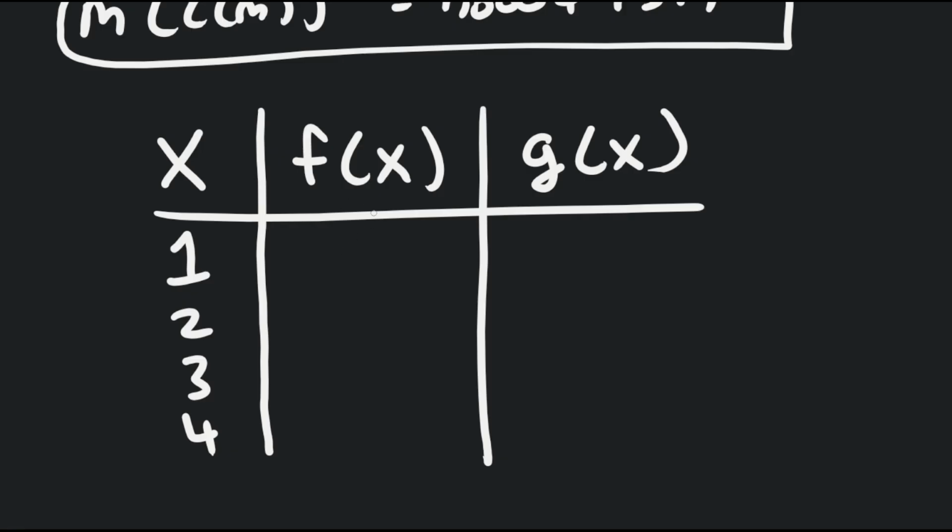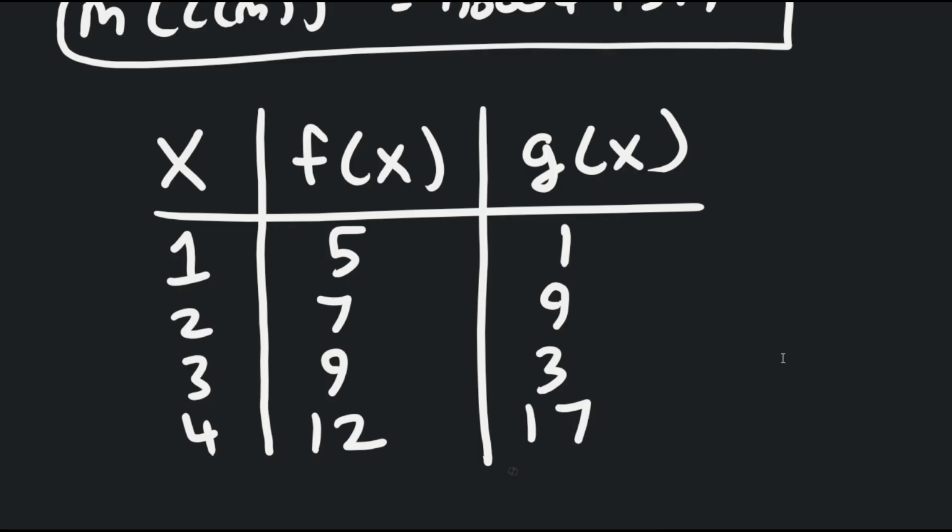For f of x, f of 1 is 5, f of 2 is 7, f of 3 is 9, and f of 4 is 12. For g of x, g of 1 is 1, g of 2 is 9, g of 3 is 3, and g of 4 is 17.